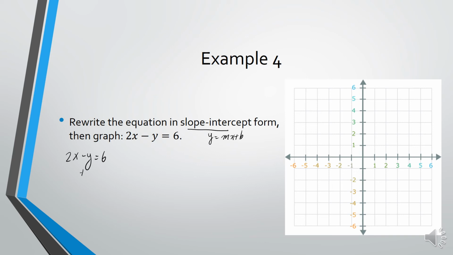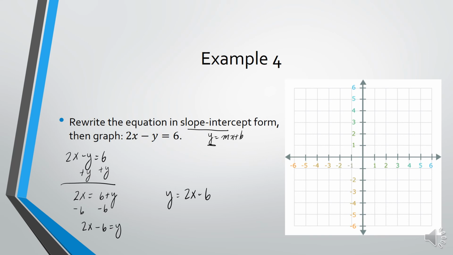So I'm going to move this y over to the right. So I'll get 2x equals 6 plus y. Now to get y by itself, I'll subtract 6 from both sides. So I'll get 2x minus 6 equals y, which we'll just rewrite the other way. Y equals 2x minus 6.